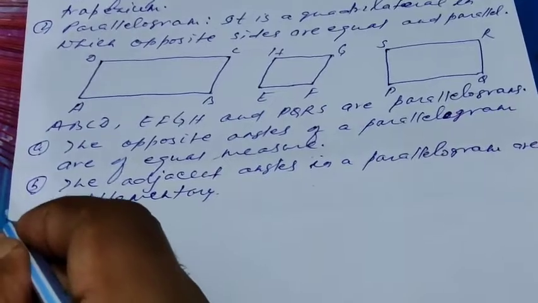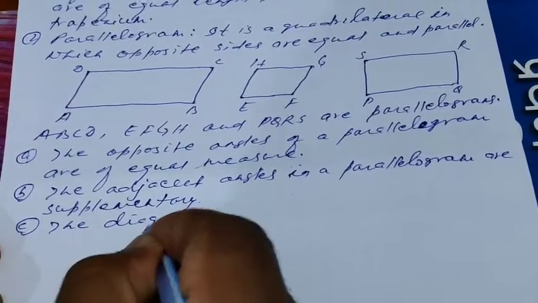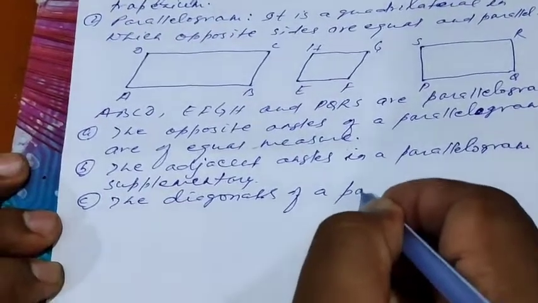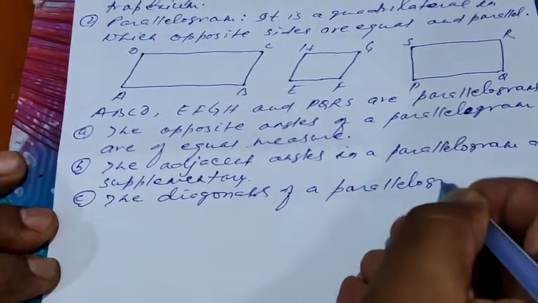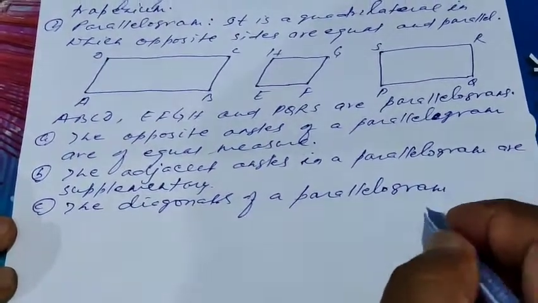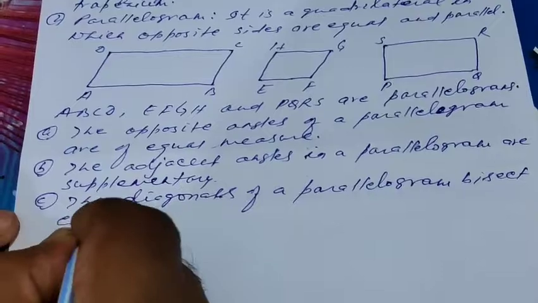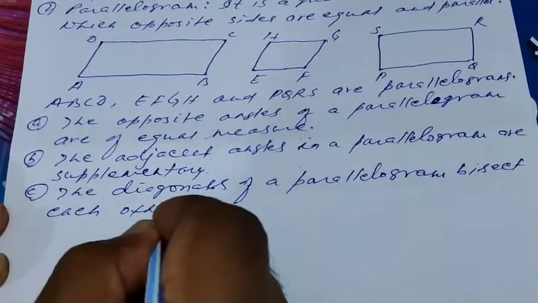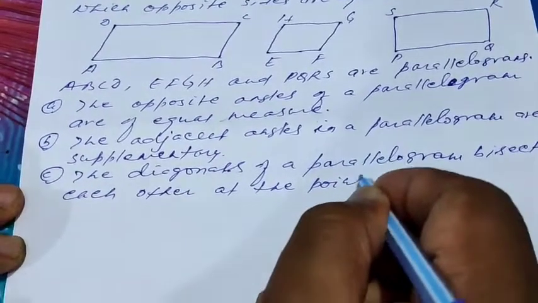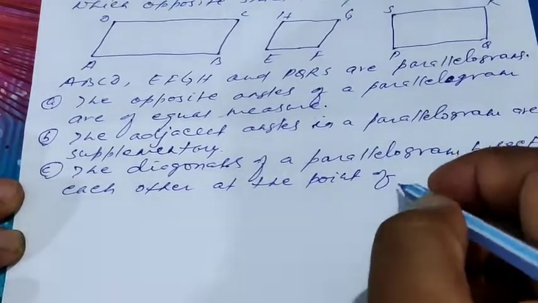C: The diagonals of a parallelogram bisect each other at the point of their intersection.